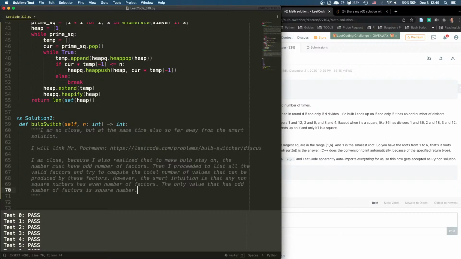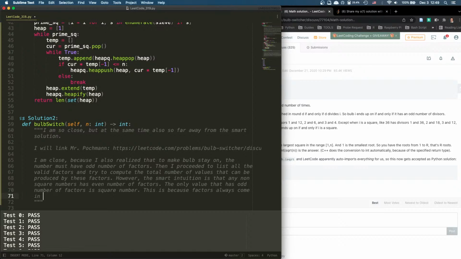That is the intuition. This is because factors always come in pairs, except when the number is a square, then the last pair has identical values.